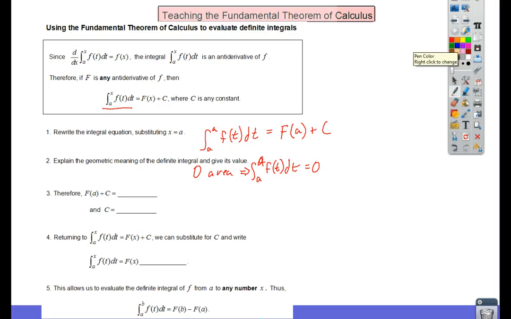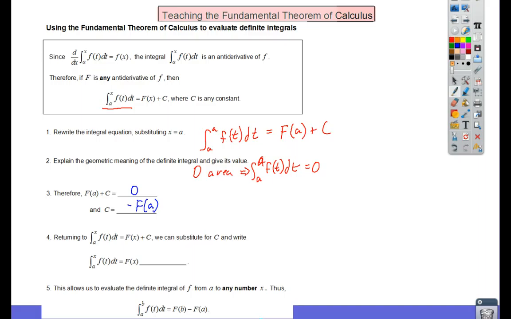Which means that F of a plus c is equal to 0. And that means that c is equal to negative capital F of a, if you solve for c.